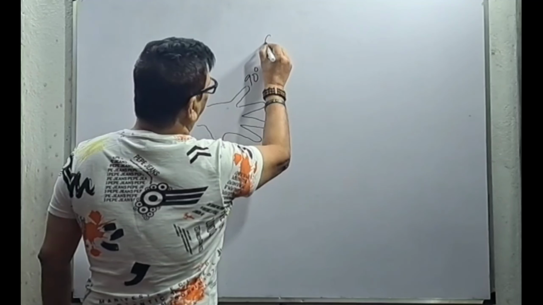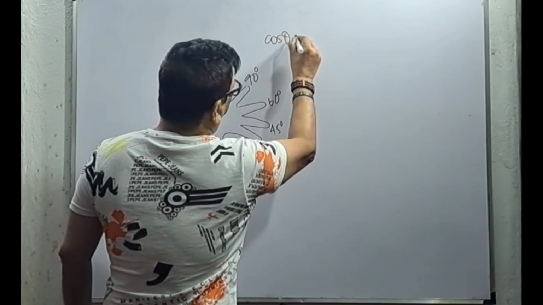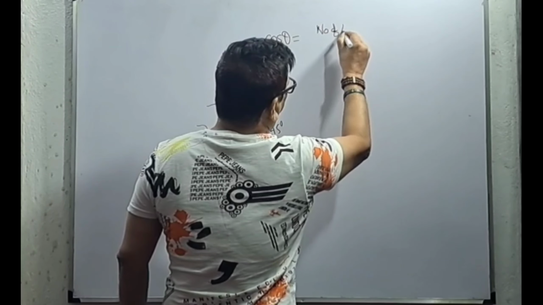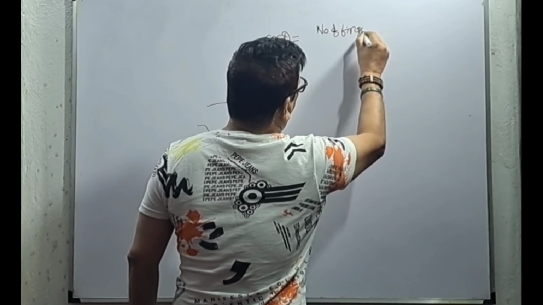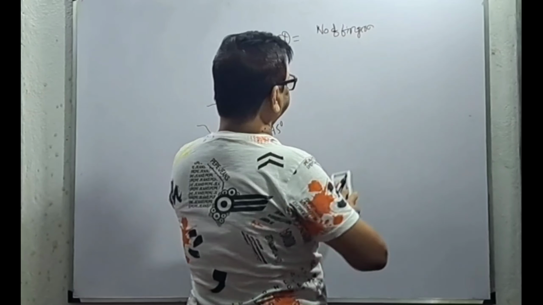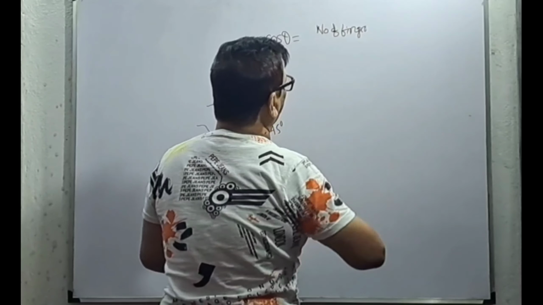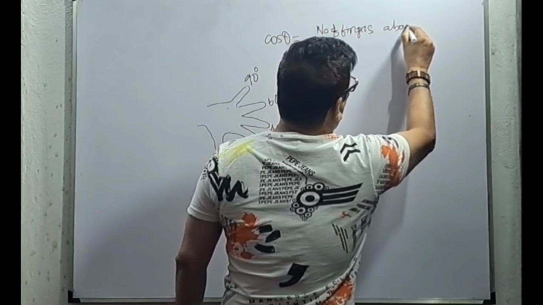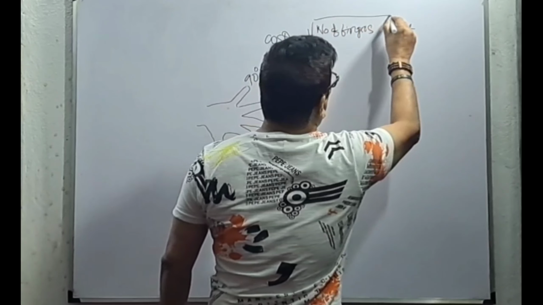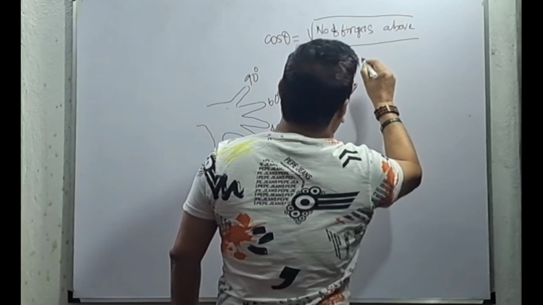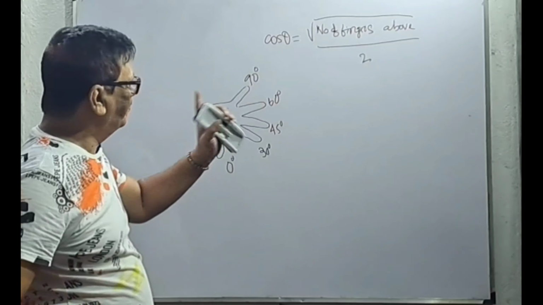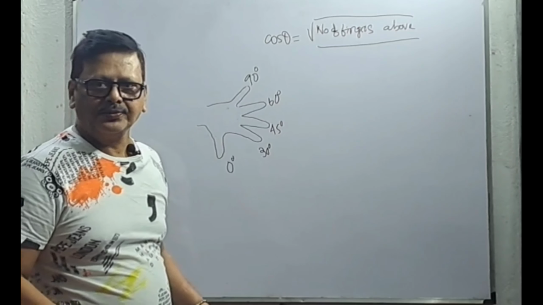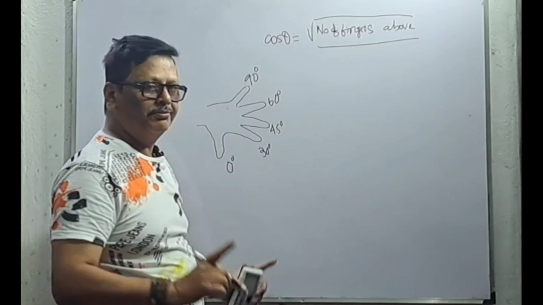Cos theta is given by the number of fingers above, that square rooted, divided by 2. Now let's start finding the values of all these angles for cos.